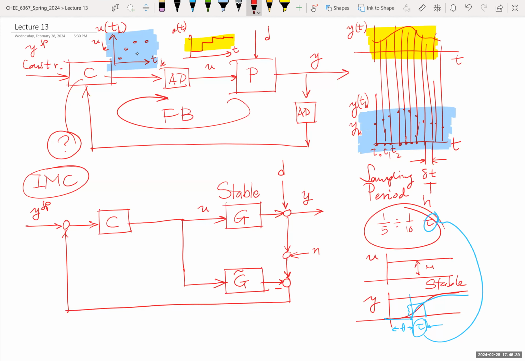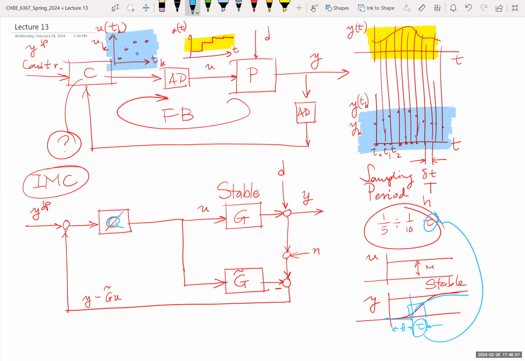This signal here is y minus G tilde u. And then we add that signal and combine everything, and eventually instead of this, we have Q here.